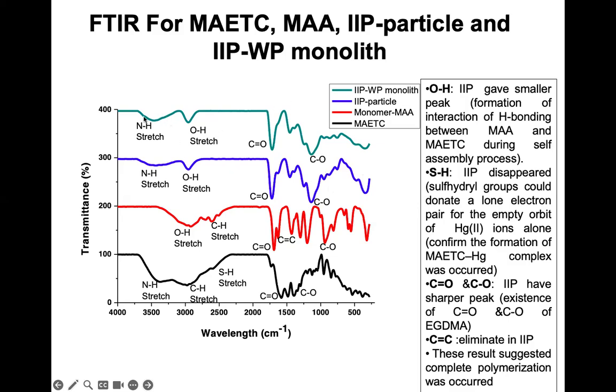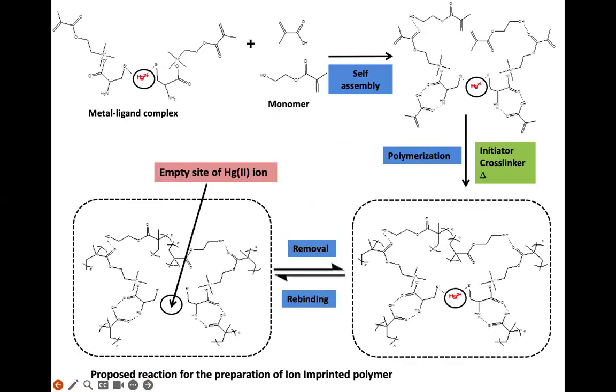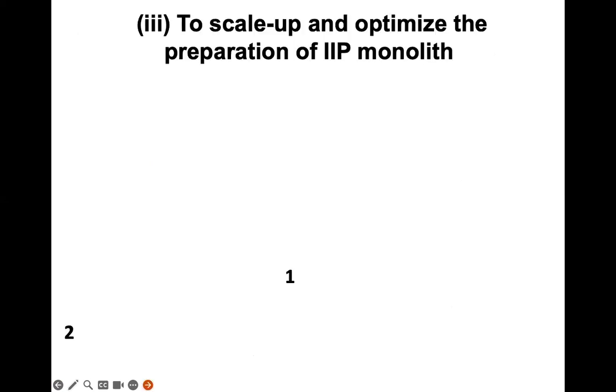So there is a band broadening here showing that there is a possibility of hydrogen bond, yeah, because this is what we expect to happen. There is interaction between the sulfur and the mercury.